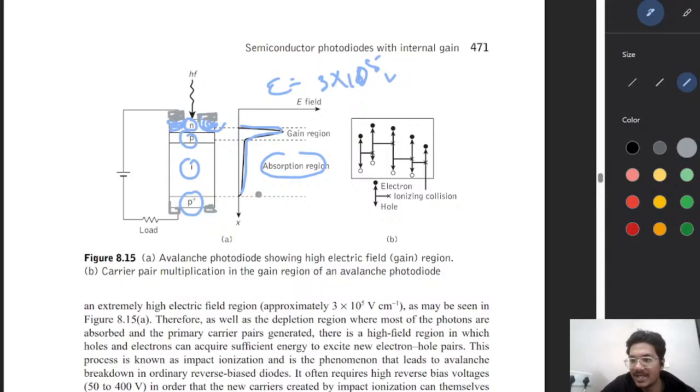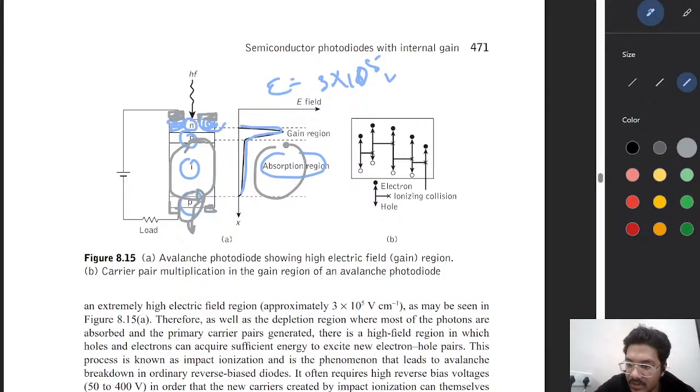So to achieve high speed performance, the absorption must happen in the depletion region. If carriers are generated in this P region, it leads to diffusion and slows down the performance. That's why we need a high field.